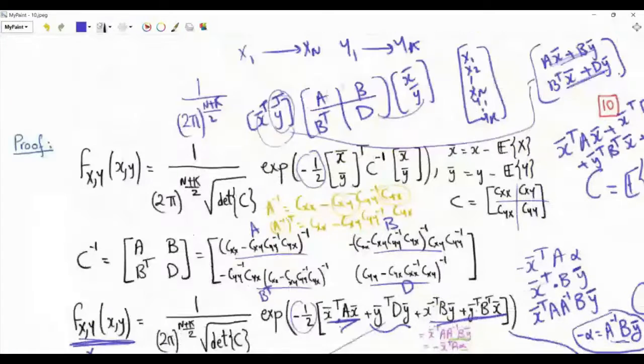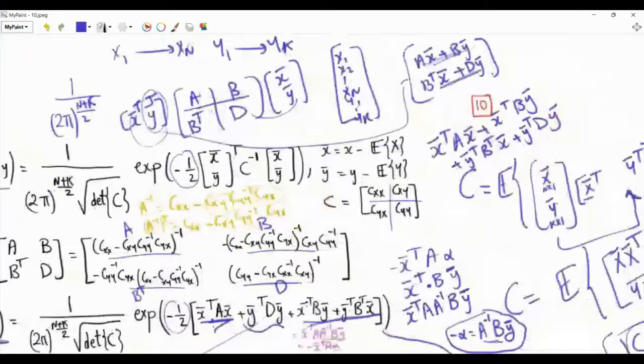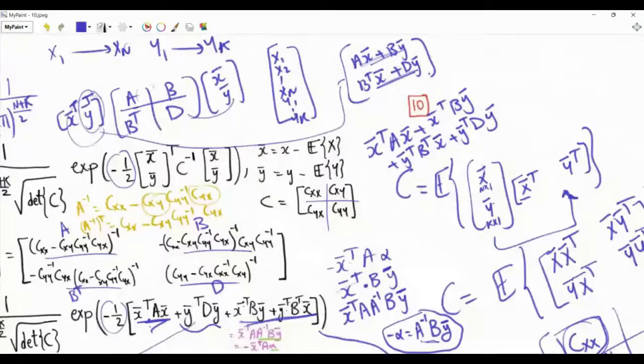So to recap, we wrote down the joint distribution of the jointly Gaussian random variables x1 to xN, y1 to yK. So that's the distribution of N plus K jointly Gaussian random variables. And so this PDF requires the covariance matrix of this augmented vector in which we stack x over y. It's an N plus K vector containing all the random variables of interest.